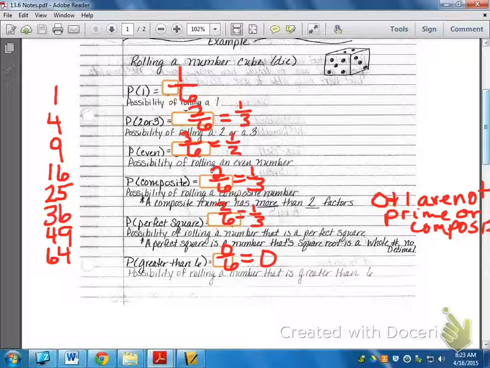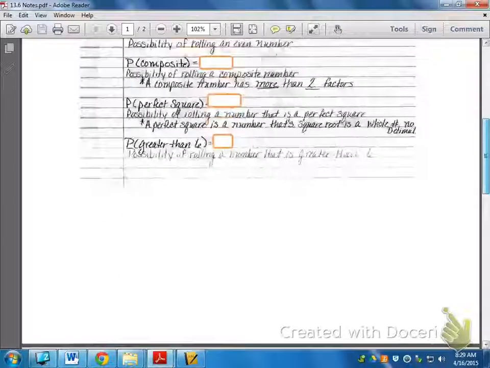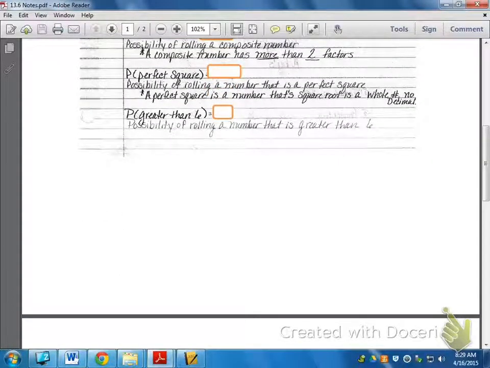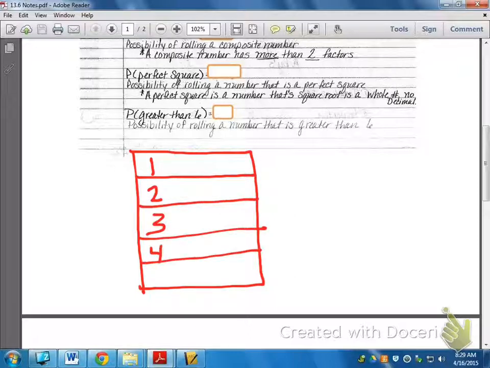Okay, I want to show you one more quick thing. Let's say that we did this experiment where we actually rolled a die. I'm going to make a really quick chart, a frequency table, if you want to do it. So there's my 1, 2, 3, 4, 5, and 6. Let's say that I'm going to roll the die 10 times.